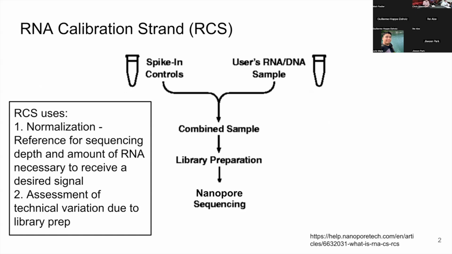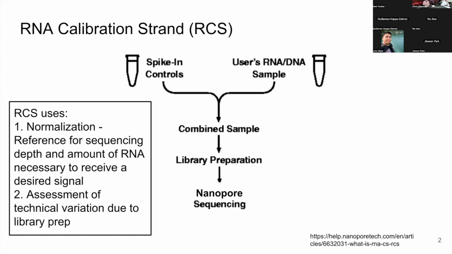And so the RCS has several uses. I've just listed a couple here. One being normalization. So this would be used as a reference for the sequencing depth that you receive. And also, when you're designing an experiment, it helps you figure out the amount of RNA necessary to receive a desired signal.